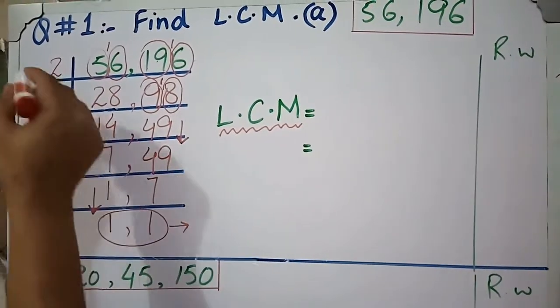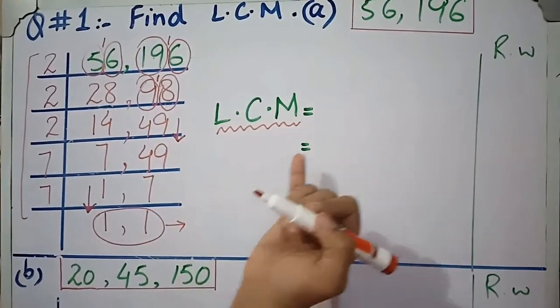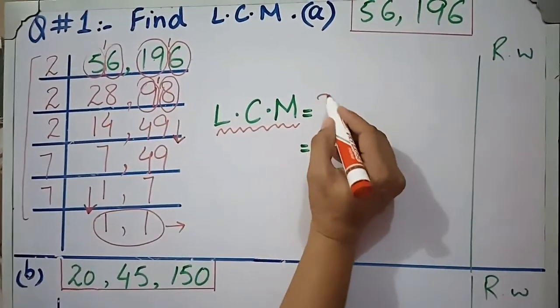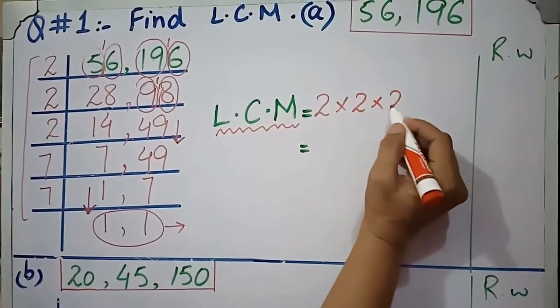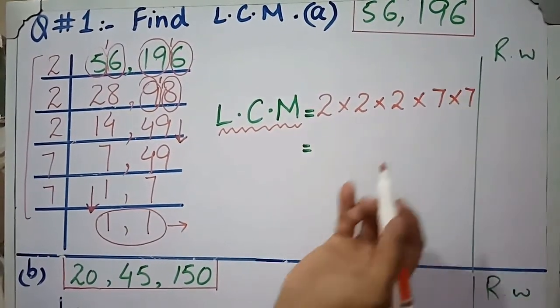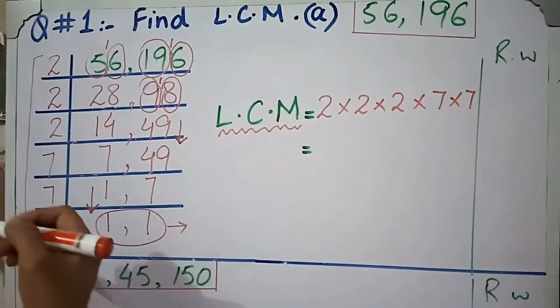Now we have these factors which we have to multiply to find the LCM. We will list them here: 2, 2, 2, 7 and 7. As you know, it is method number 2, and we simply multiply them all.